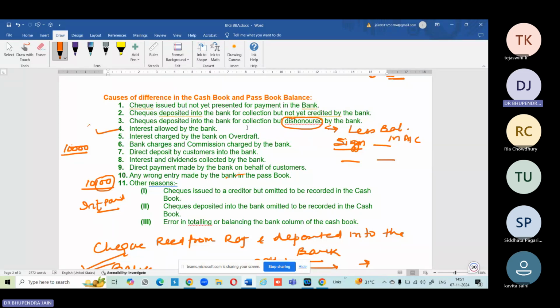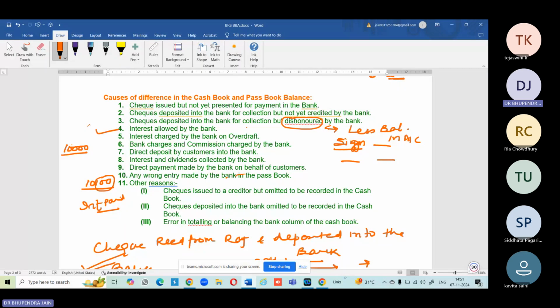interest charged by the bank on overdraft. Suppose you have taken a loan from the bank, you have a CC account in your bank. So on OD or CC, the bank will charge interest.